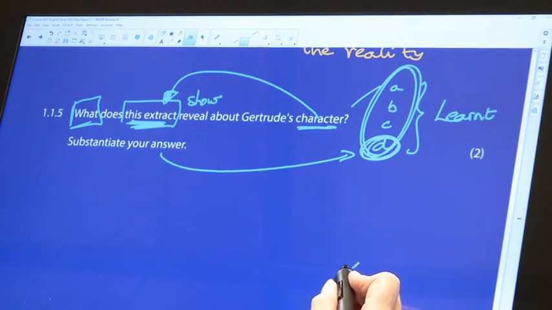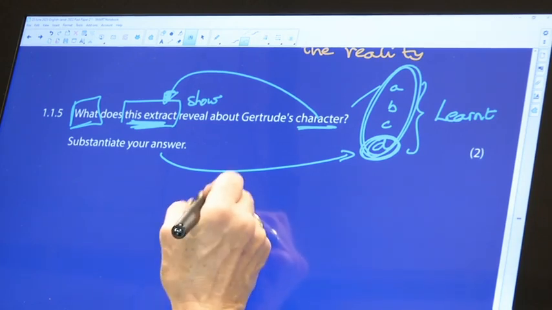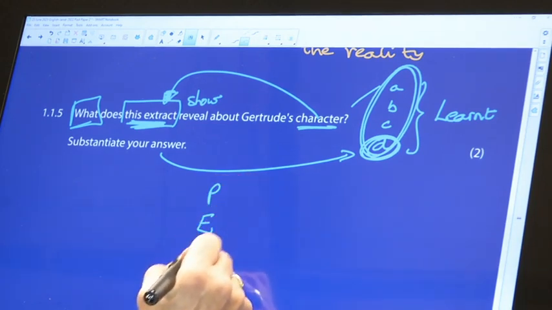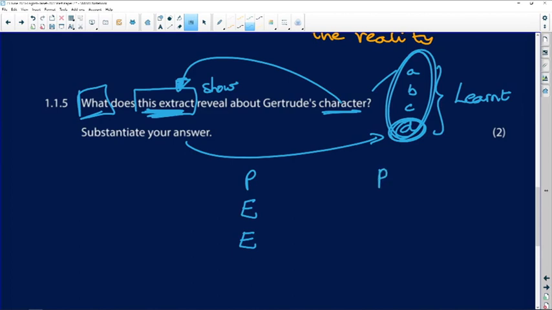Now, the government would like you to use PEE or PEA. So if you're doing home language, it's PEAL. Point, evidence, explain, link. Point, evidence, analyze, link.